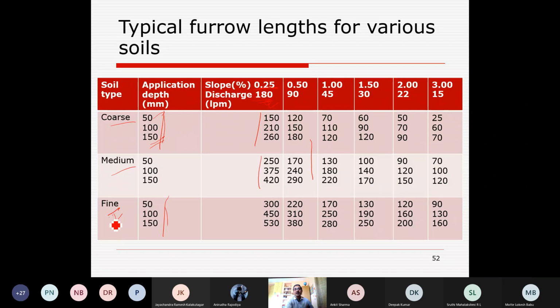If it is fine soil like clay, for different application rates, with a slope like 0.25 and discharge of 180 liter per minute, the length can go up to 300 meter. Our maximum is 530 meter, for an application depth of 150 millimeter.